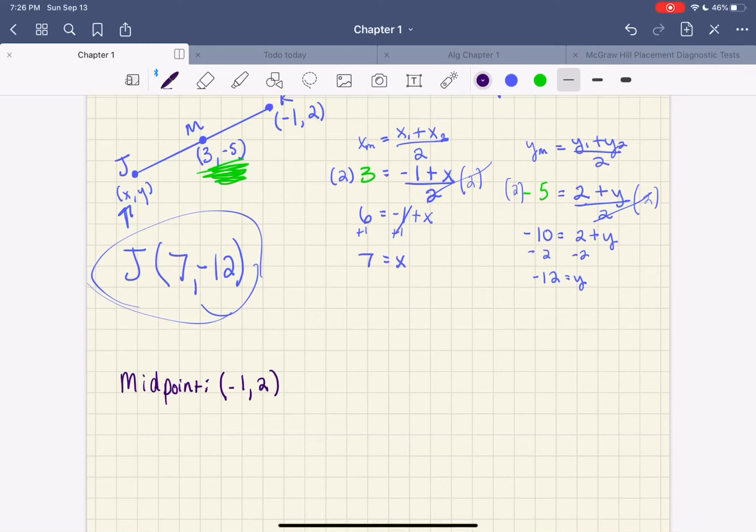And then the one endpoint you are given is 3, -5. Okay, so this try problem is kind of becoming a hypothetical: what if you got those two mixed up? What would it say the endpoint was? So, midpoint is going to be the -1, 2. I'm going to box it in green. Pause the video, give it a try.